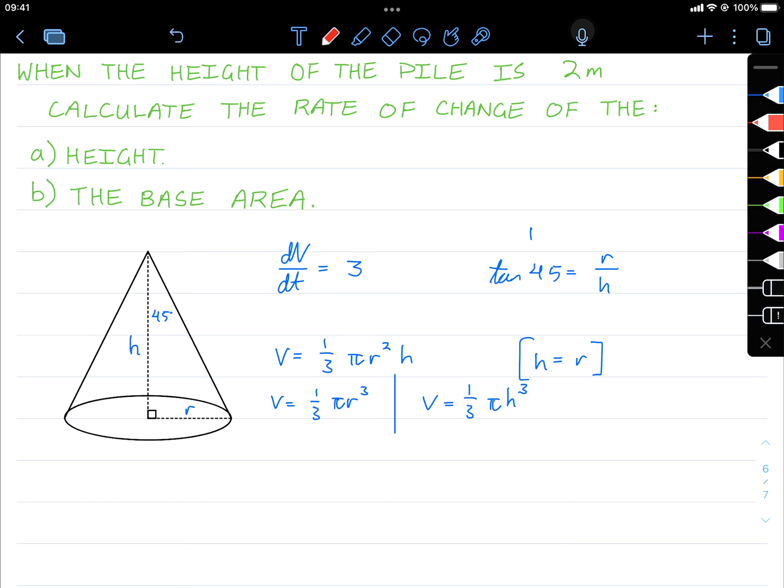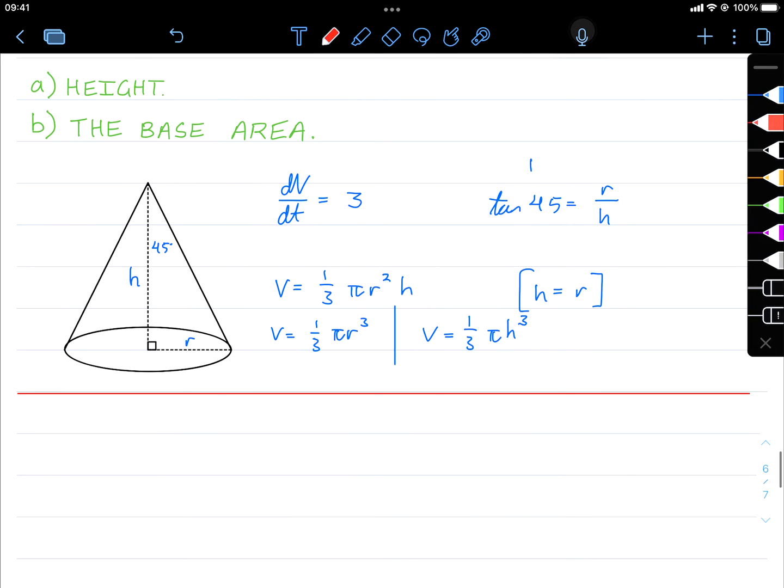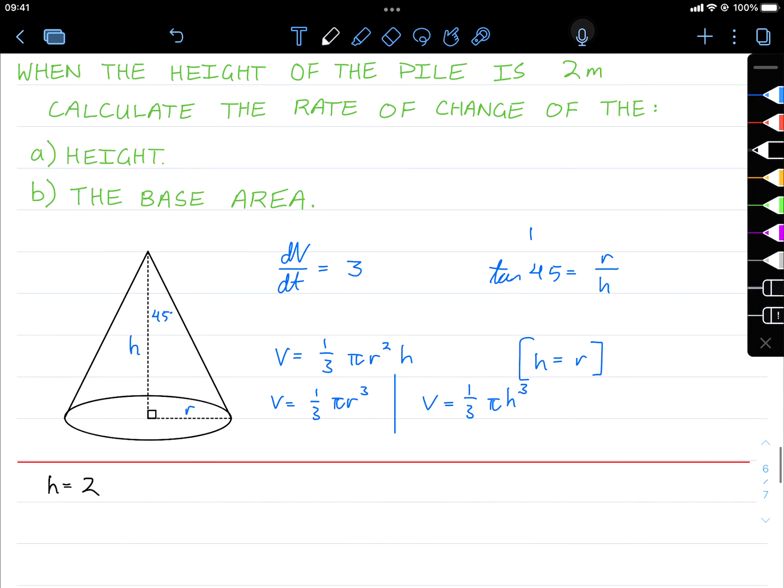I'm going to draw a line just to make it clear that we're now looking for part A. It says, when the height of the pile is 2 meters. So we're being told now that the height of the pile is 2. Let's find, also it says, calculate the rate of change of the height.